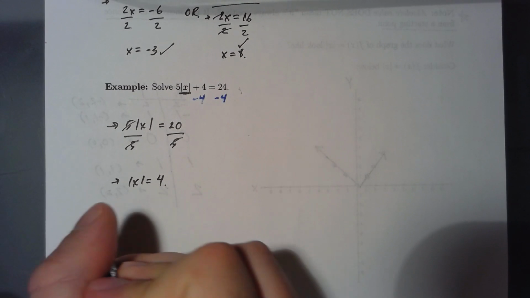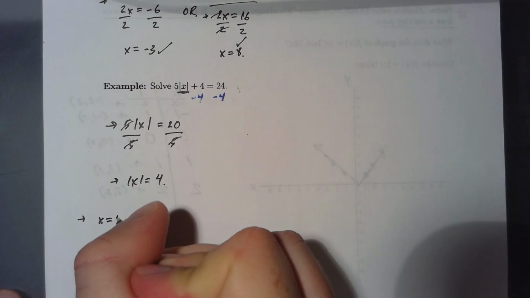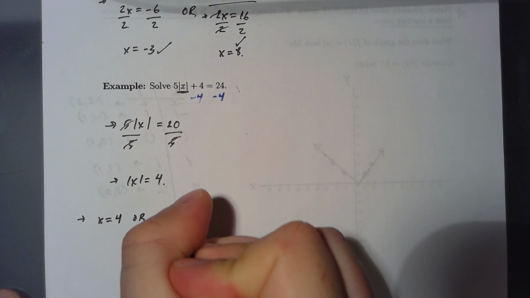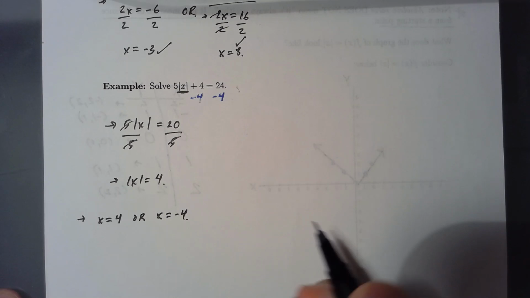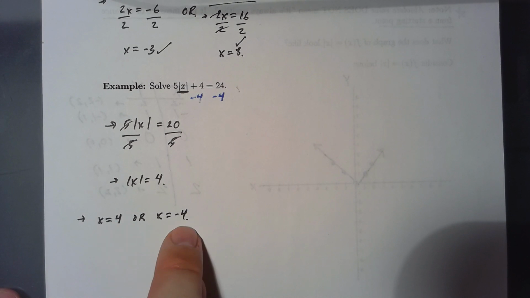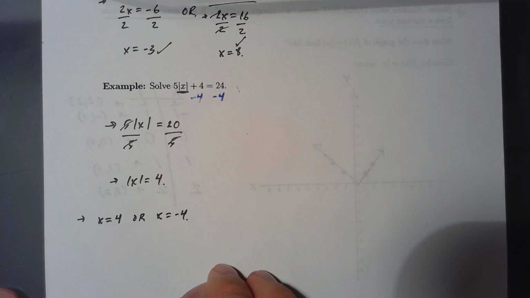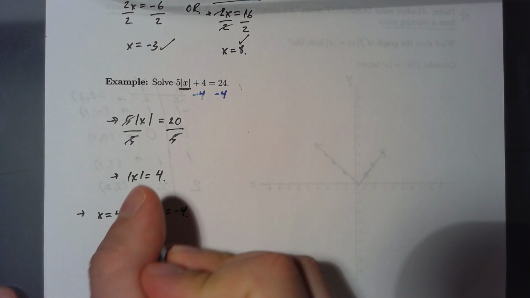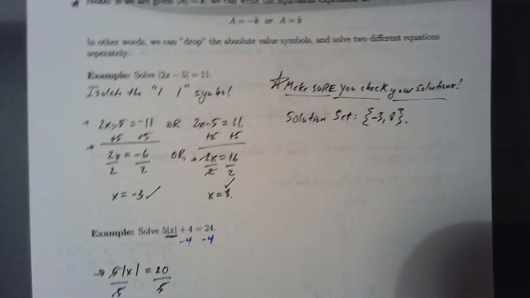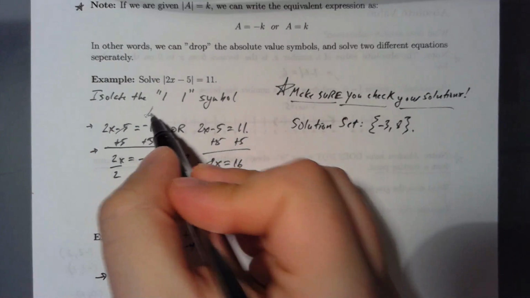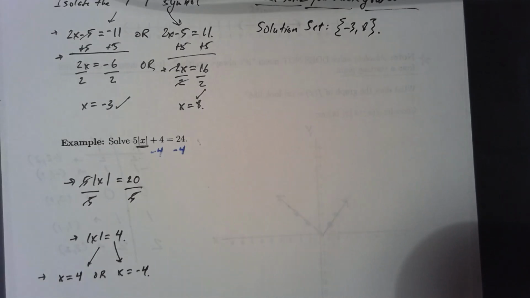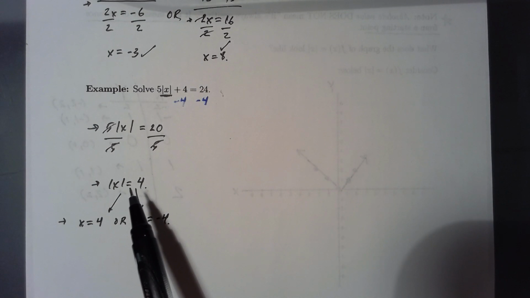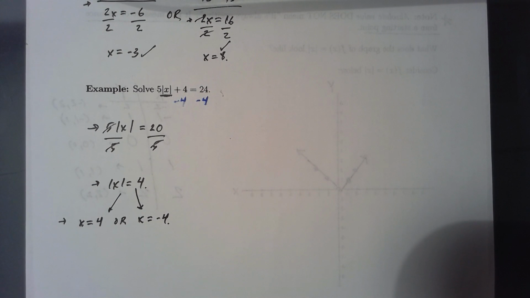So x equals 4, or x equals negative 4. Again, you could write negative 4, positive 4, or vice versa, it doesn't matter. This breaks into those two, just like this broke into these two. I don't have to solve for x now, because x was already solved for.